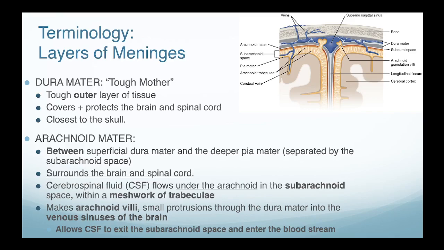And this is going to be the region in which you're going to find the production of cerebral spinal fluid. And it's going to be flowing through the subarachnoid space, and it's going to be going into the meshwork of trabeculae. And the CSF is going to be exiting the subarachnoid space into the bloodstream through these little outpouchings called arachnoid villi.